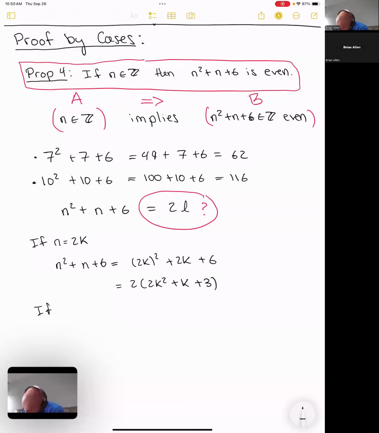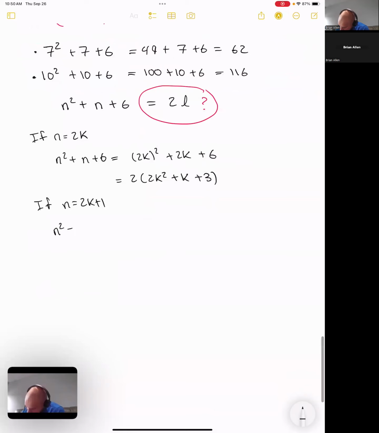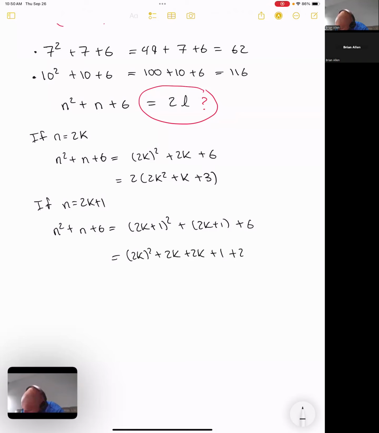Similarly, if n was equal to 2k plus 1, if it was an odd integer, then I argue that we also know what to do, because I would take n squared plus n plus 6 and rewrite it as follows, and expand everything out to try to make it look like an even number. If I expand this out, I get 4k squared plus 4k plus 1 plus 2k plus 1 plus 6.